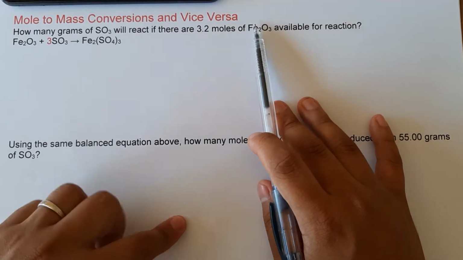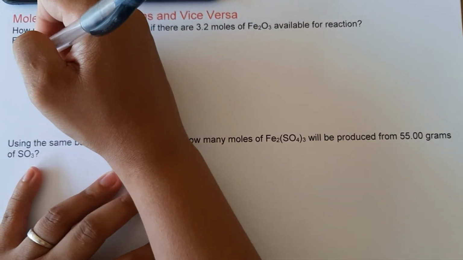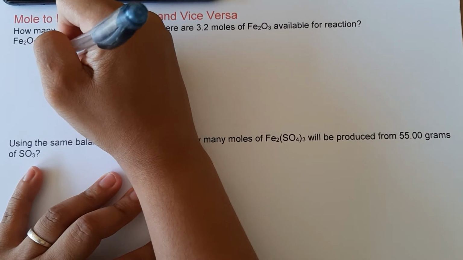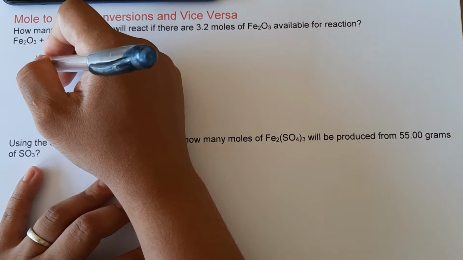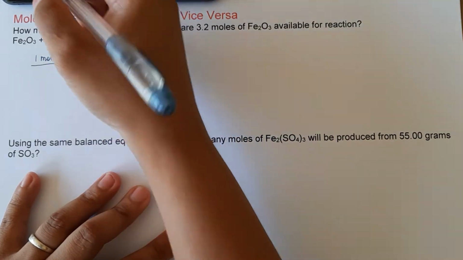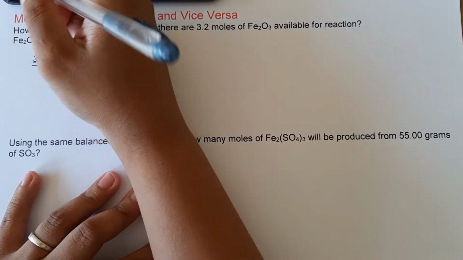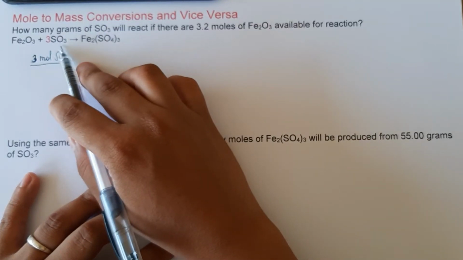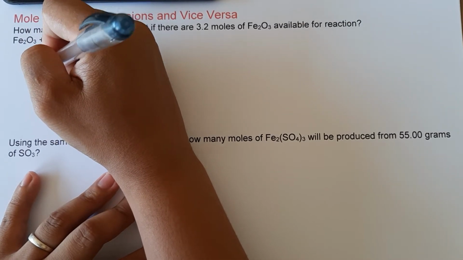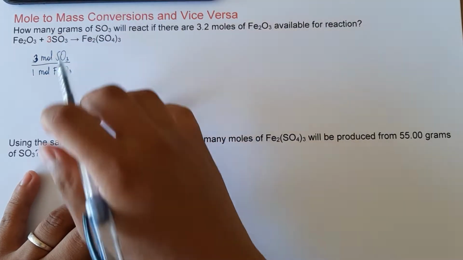Meaning to say, ang mga possible mole ratios na pwede natin gamitin ay either 1 mole of SO3 or sulfur trioxide over, no, that's 3 moles, sorry. My mistake. 3 moles of sulfur trioxide from this balanced chemical equation and 1 mole of iron trioxide.